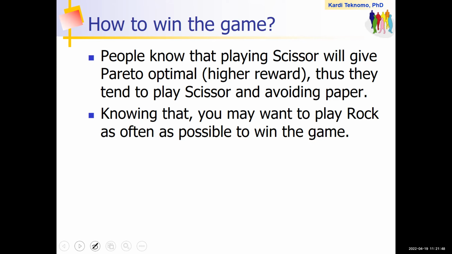If people know that playing scissors will always give a Pareto optimal, people will try to play scissors and avoid paper. So knowing that, you will play rock as often as possible to win the game. So based on Pareto optimal, you can also devise your strategy for the game.